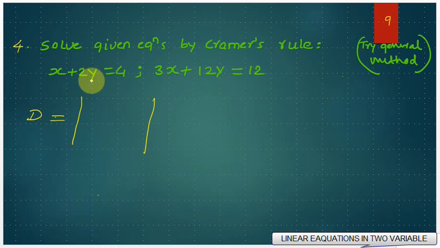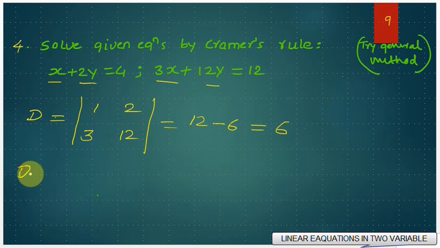In the first line the coefficient of x is 1 and of y is 2. In the second line the coefficient of x is 3 and of y is 12. So 1 into 12, 12, minus 3 into 2, 6. So D is equal to 6.